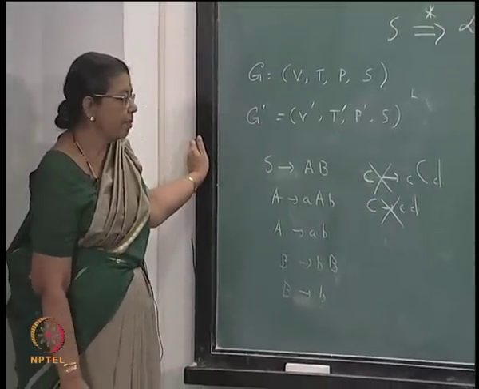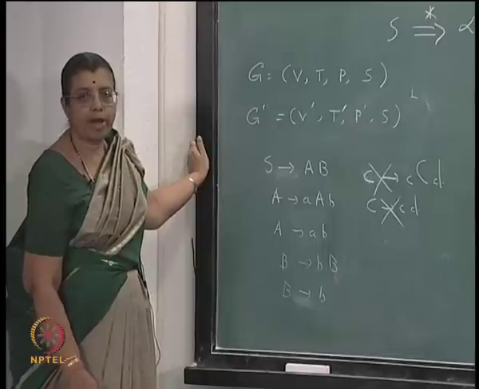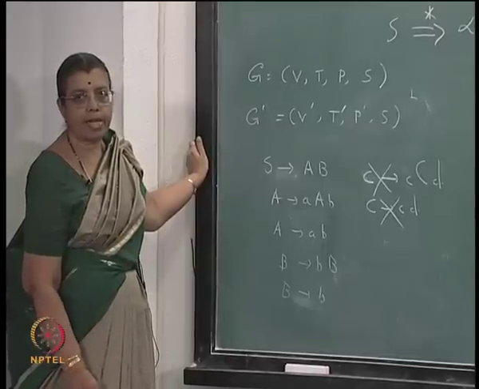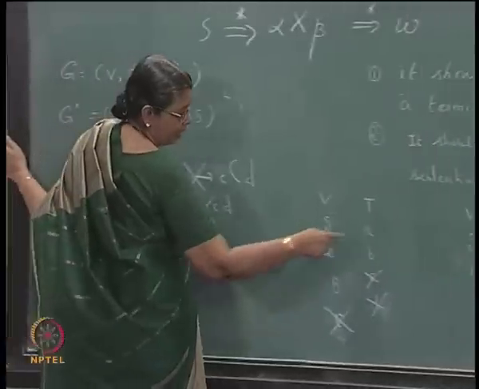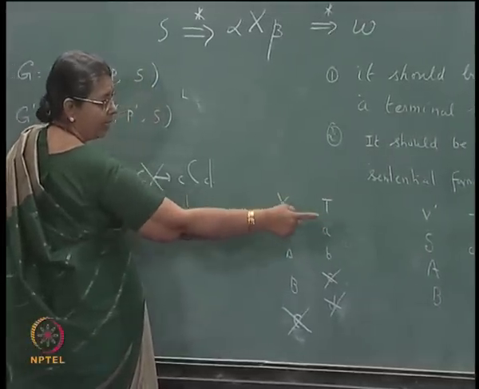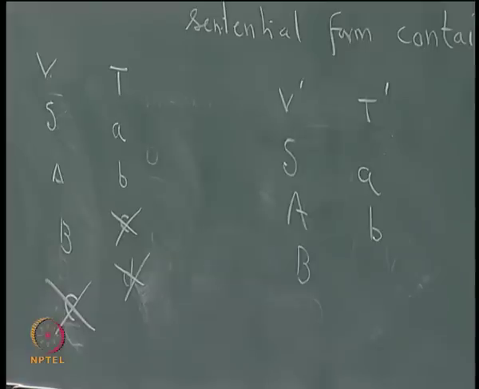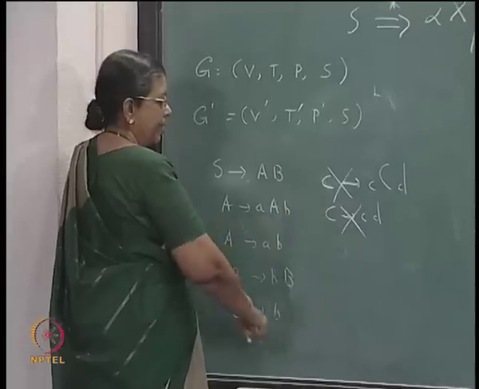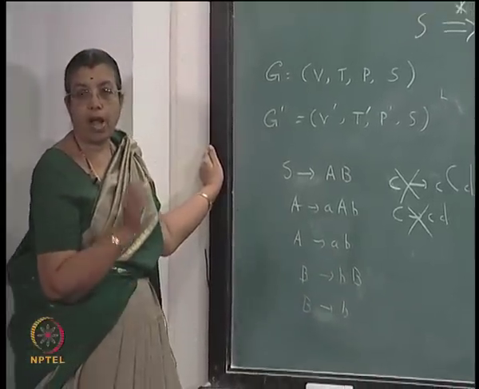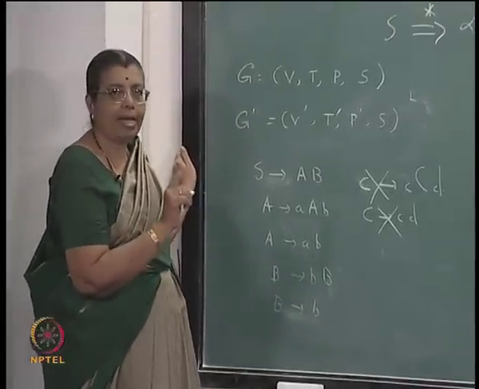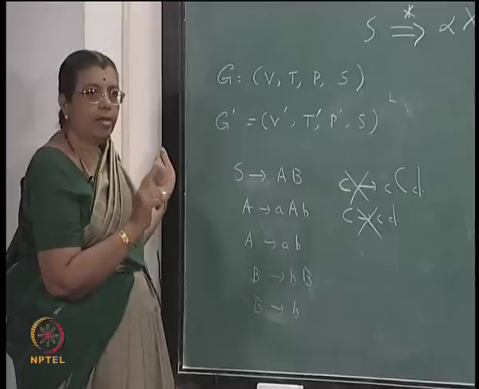The useless symbols are removed and the productions involving them either on the left or on the right are removed. So, V dash is a subset of V, T dash is a subset of T, and P dash is a subset of P. You are not adding any non-terminal at any stage, please remember that you are only removing some of them.